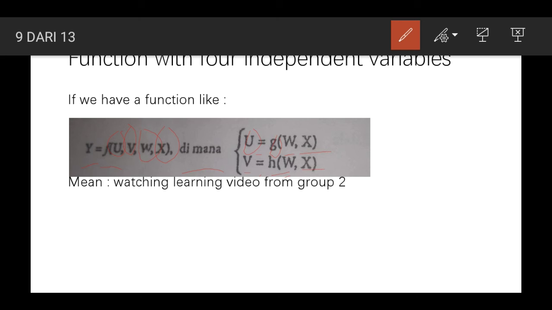So in this case, we have two total derivatives.